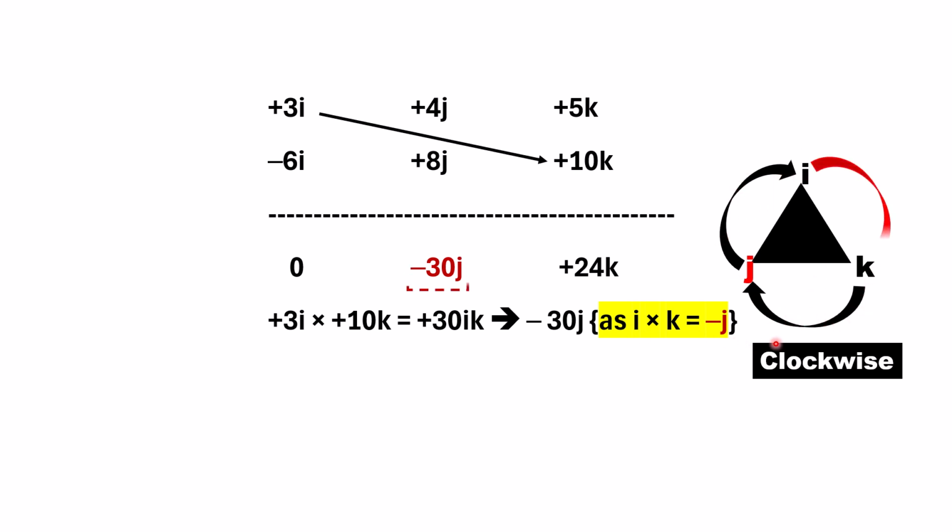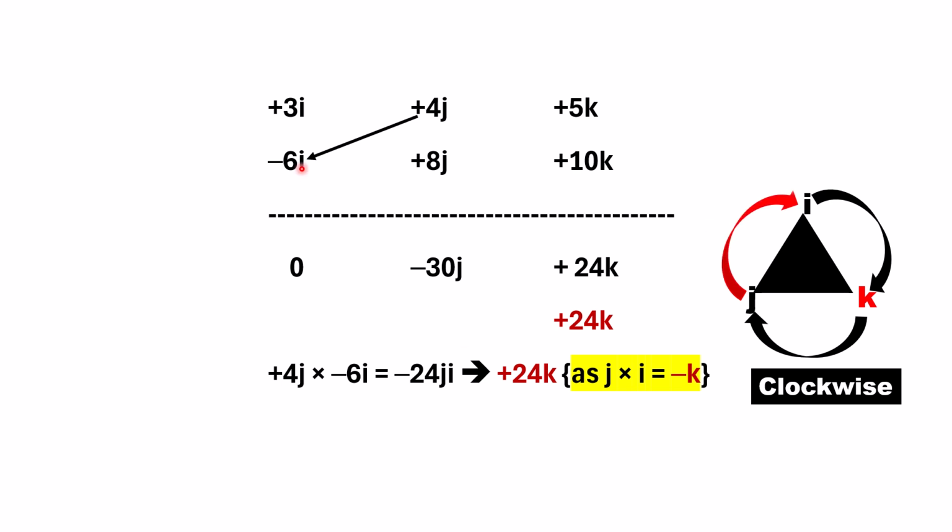Multiplying any two vectors gives you the third vector, but here you are moving clockwise, so it will give you minus j. So you get minus 30j. So minus 30j you put in the j column, and now we can proceed with the next step in multiplication.